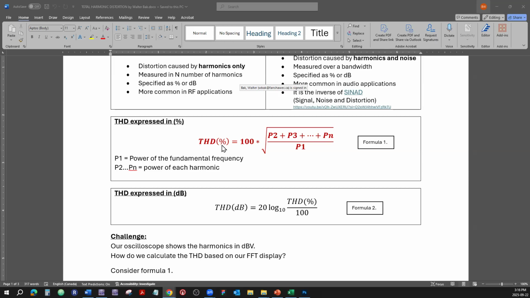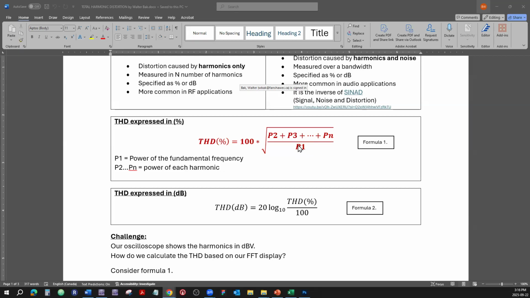THD in percentage equals the square root of the power of the second harmonic, third harmonic, and whatever number of harmonics we're going to take it up to. Maybe we want to take it up to the fifth harmonic or seventh harmonic, okay?